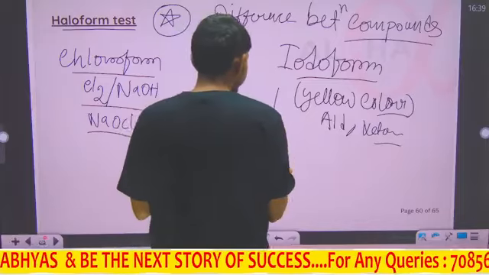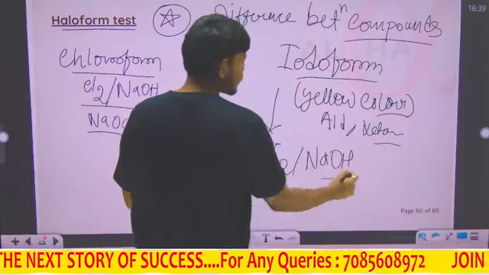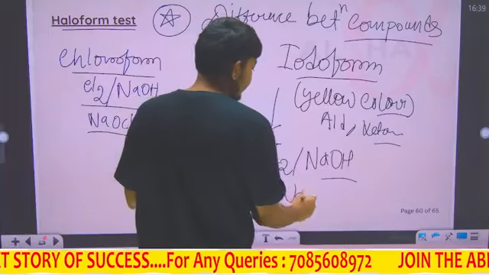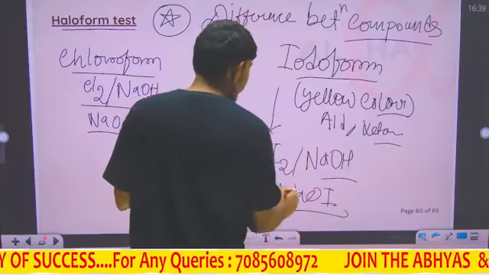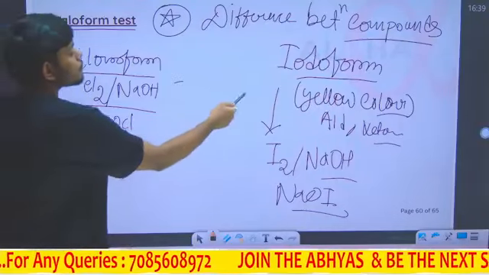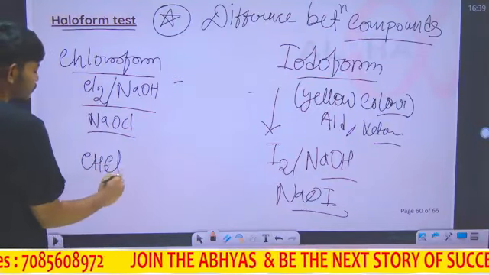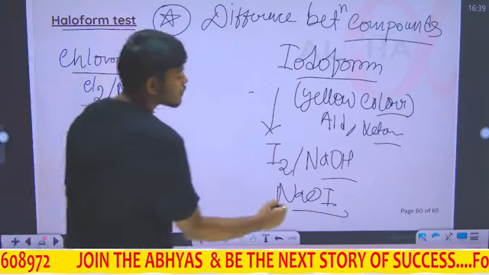Here the reagent is iodine and sodium hydroxide, or you can write NaOI. It's up to you what you want to write. So under the haloform test, this is the product in chloroform, and this is the product in iodoform.